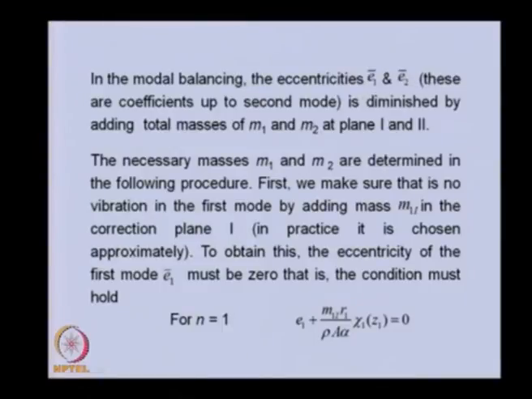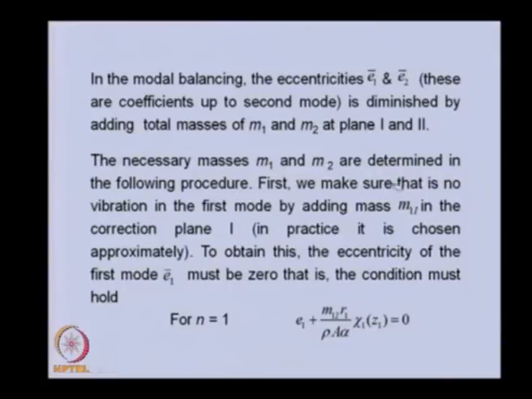So they are diminished by adding total masses m1 and m2 at planes 1 and 2. Basically we are removing these two eccentricities by addition of the correction masses m1 and m2 in planes 1 and 2 respectively, and this total mass will be calculated first by balancing the first mode and then the second mode. So the necessary masses m1 and m2 are determined in the following procedure.